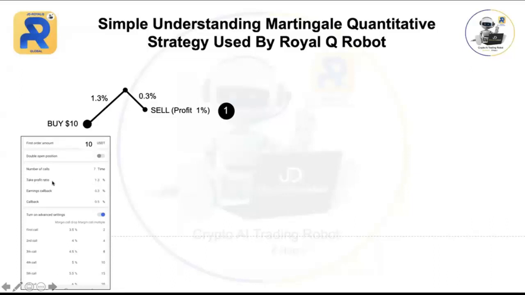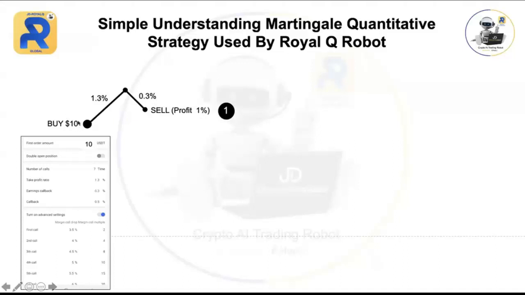Can you see that? Take profit ratio is 1.3. So when it reaches 1.3, it will then have an earning callback of 0.3. Can you see earning callback here 0.3? Now when it calls back at 0.3, the robot will automatically sell at profit 1%. So 1.3% minus 0.3, that will be 1% profit of your $10.